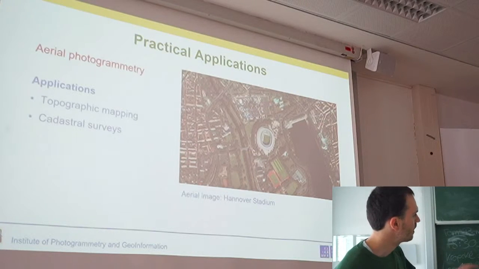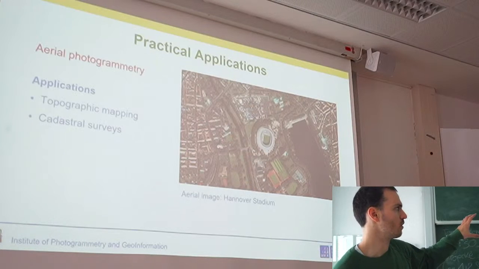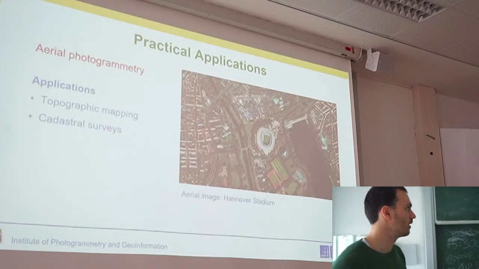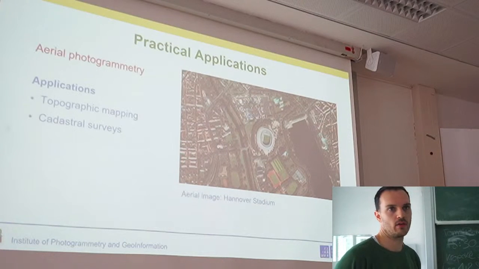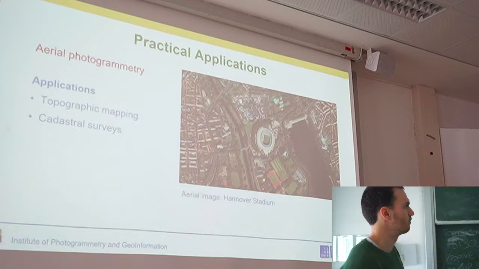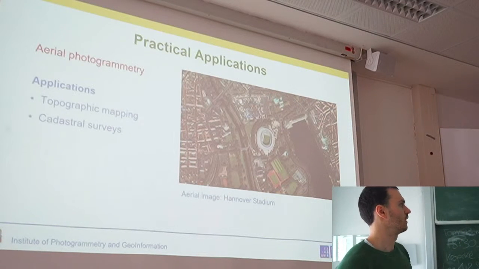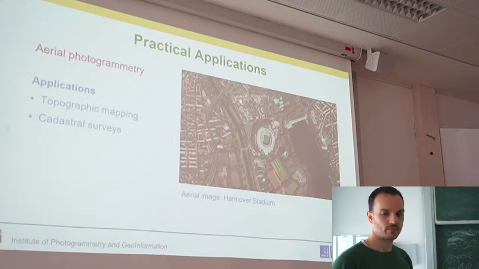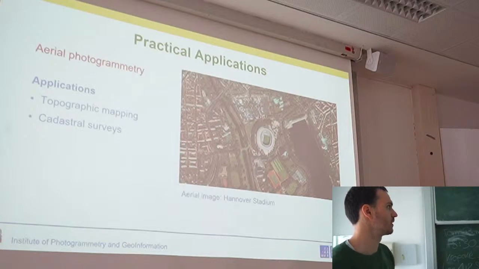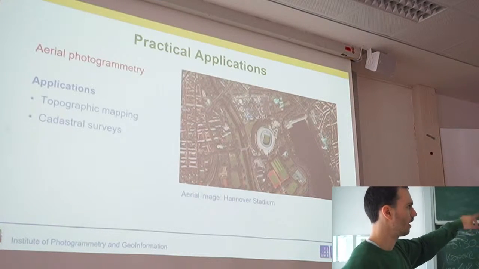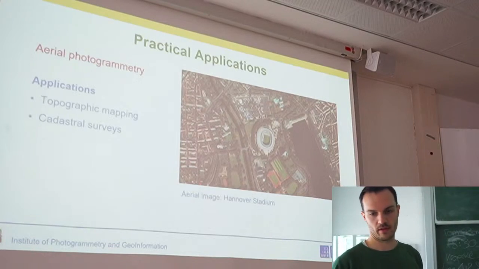And of course there we can do a lot more detailed mapping because we can actually identify individual buildings depending on the distance, maybe even cars, and much more. So we get a very detailed image from that height. And that is also used a lot, particularly for cadastral surveys, so to determine the outlines of buildings and such things.